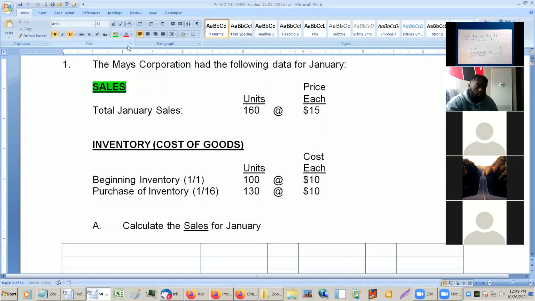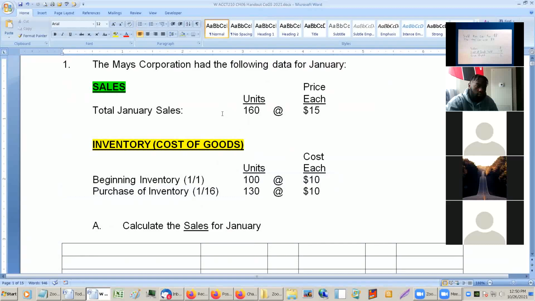I'll make sales green. And then we have inventory or cost of goods. So this is what things cost us that we have to sell. This is how many things we sold. Now notice we didn't sell everything, right? We still have some stuff left over, which we'll talk about later.